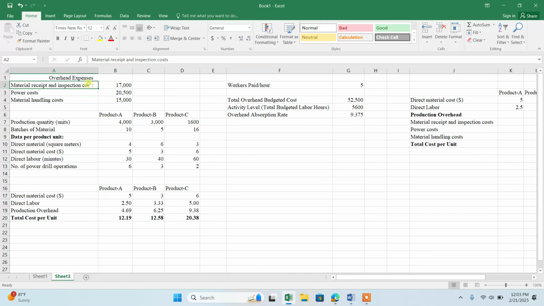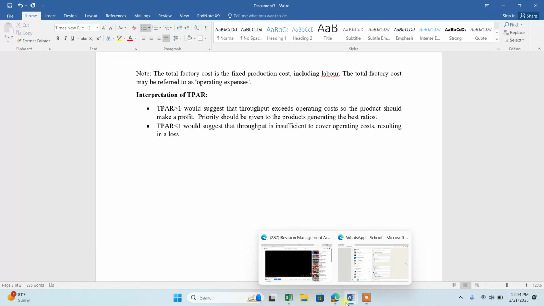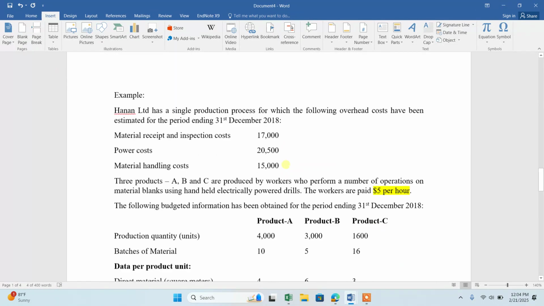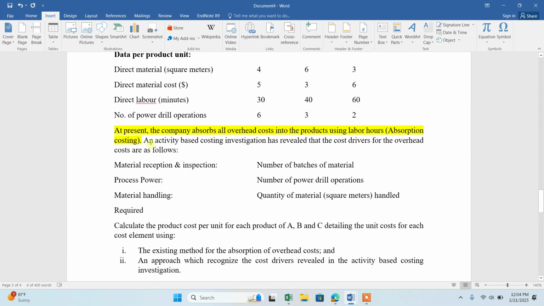This cost is driven by a particular cost driver. It's given in the question. If you read the question: an activity-based costing investigation has revealed that the cost drivers for the overhead costs are as follows.